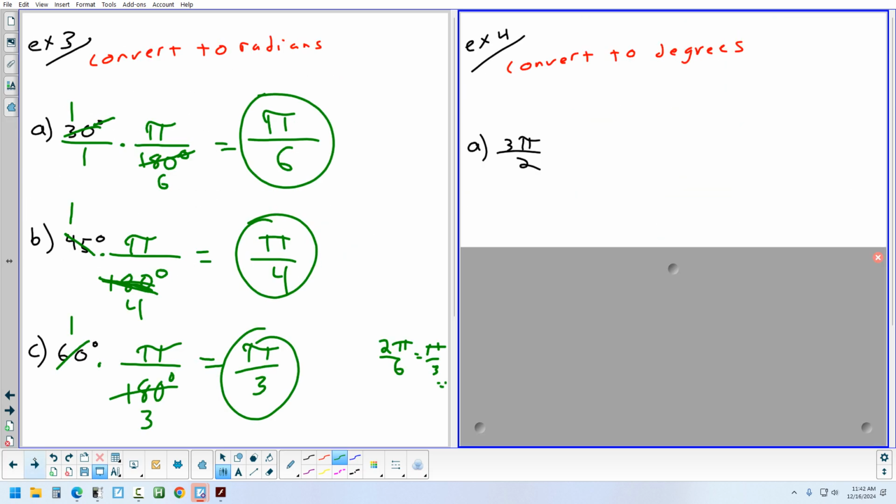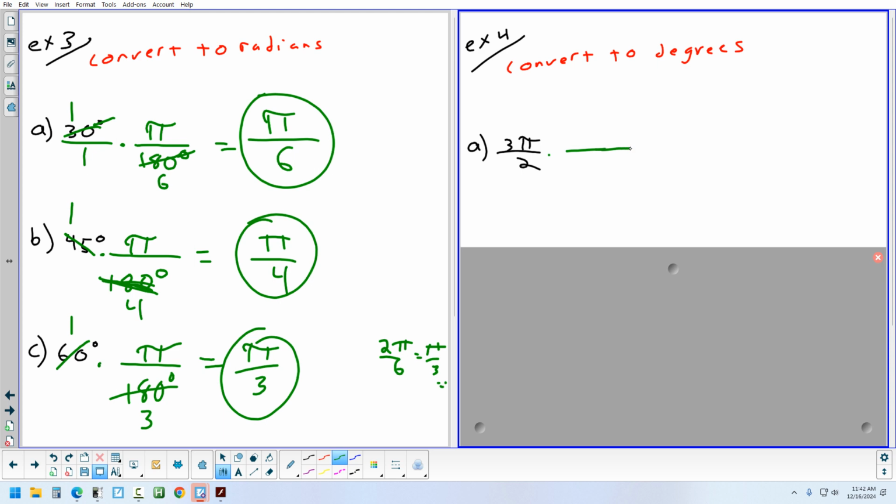All right, convert to degrees. Now next to pi, it's invisible, but what word is there? Radians. Okay, radians is next to pi. We want radians to disappear. So where is radians going to go in the green fraction?